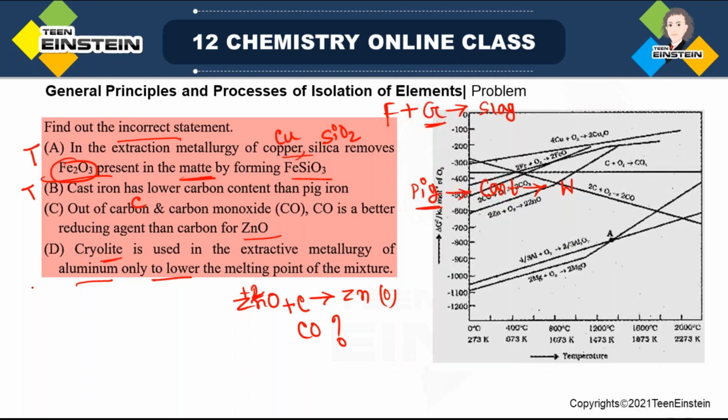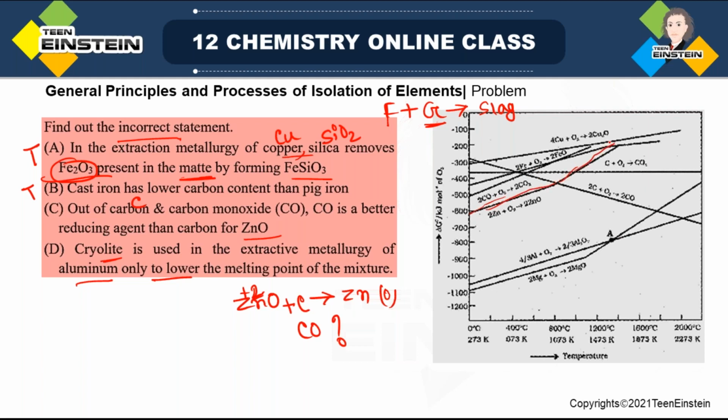So here we have the Ellingham diagram. In this Ellingham diagram, first we will choose the lines which are necessary for us, because here we have several lines, and all the lines are not required. So for the zinc system, this is the line.